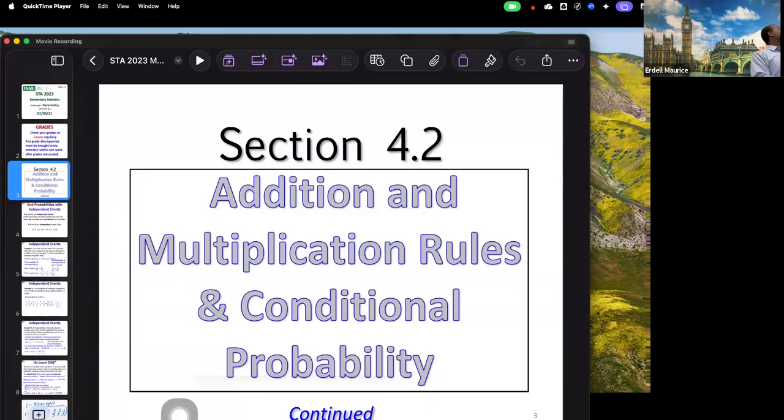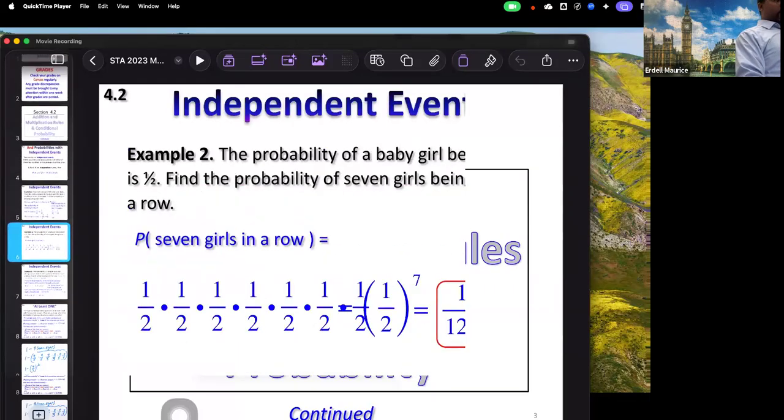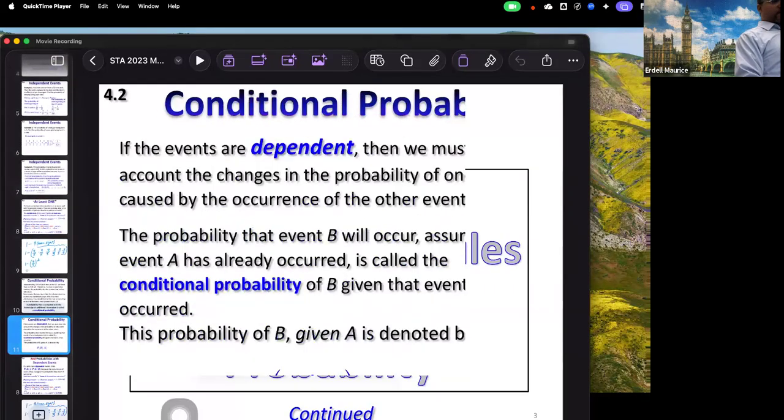So let's look at conditional probability a little bit more, and we will start right here. Here's the notation for your conditional probability: the probability of B given A. This question is actually asking, what's the probability of B? But they're saying, not only am I asking you this, I am telling you something.